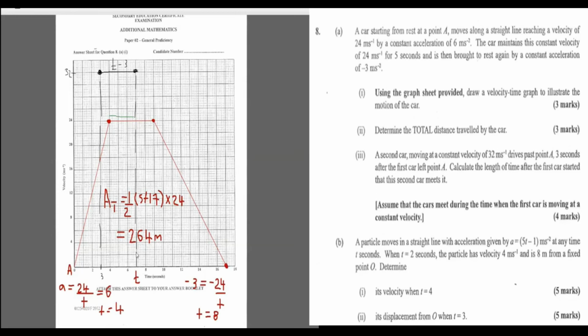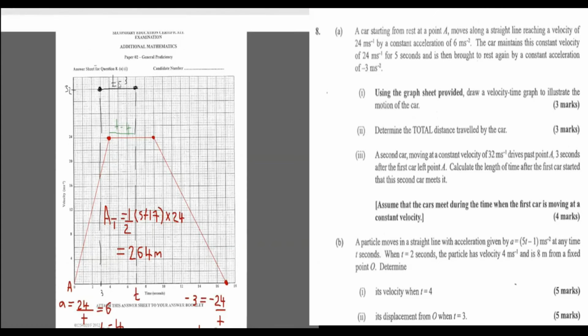A is going to be from T to 3, which is T minus 3. Well, here to here is actually T minus 4. So that's going to be A. Then this distance is just T. And the height is 24.